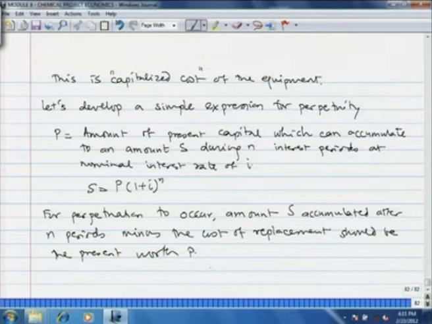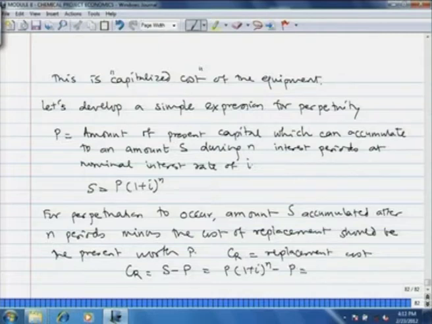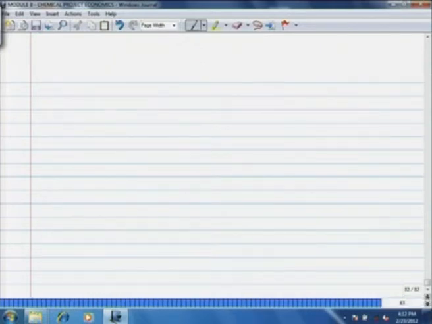And thus if we represent CR as the replacement cost, which is the original cost minus the scrap value, then CR is equal to S minus P, and then putting S in terms of P, we get the expression for P as CR divided by (1 plus I) to the power n minus 1.